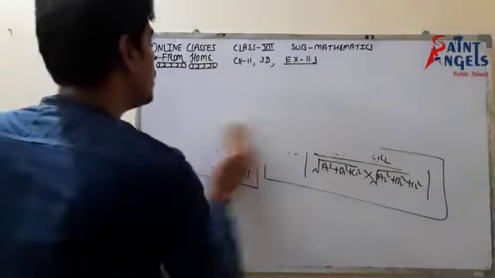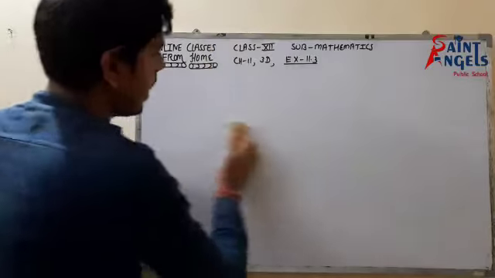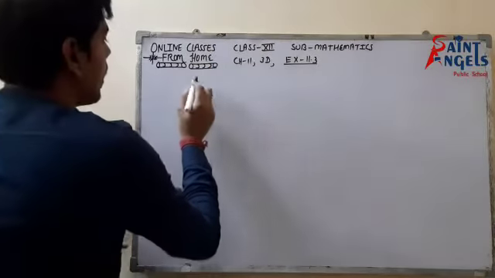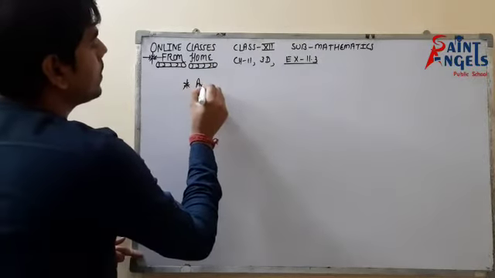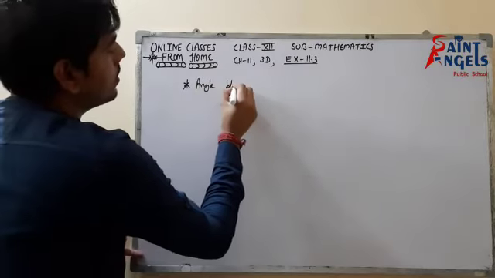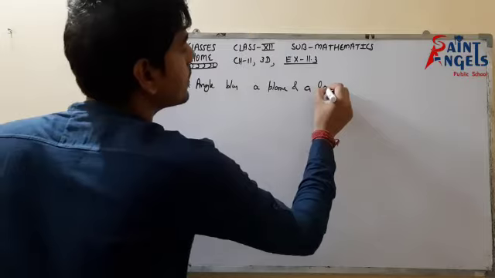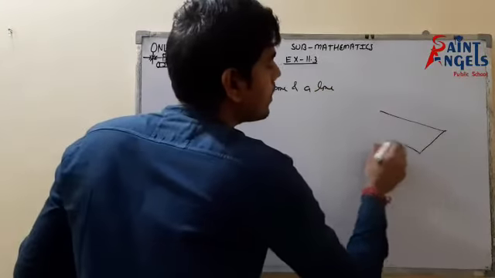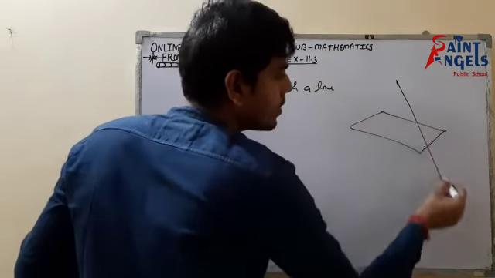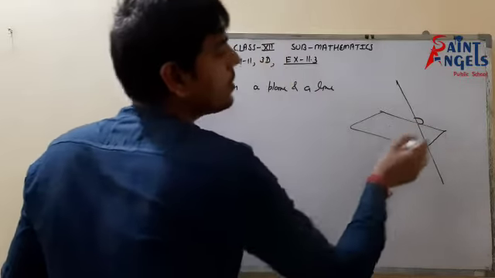The last formula for the exercise is the angle between a plane and a line. Suppose I have a plane and a line, and we want the angle made by the plane and line.